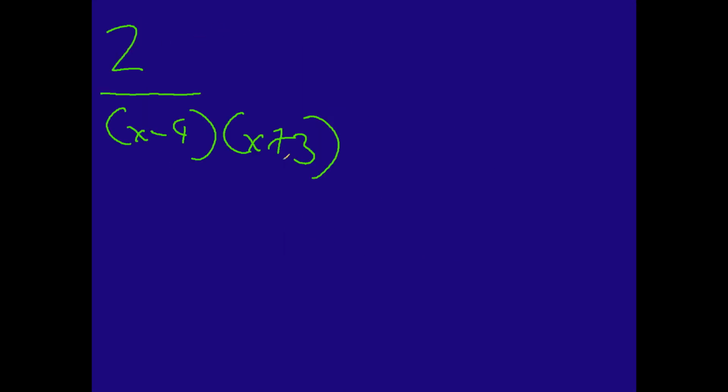And for the second one, I will have 1 over x plus 4, x minus 4. Now, in each of these, we're not completely done.